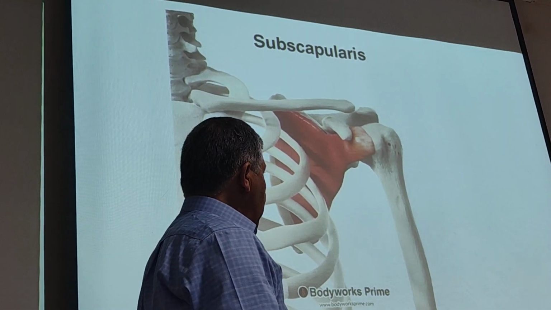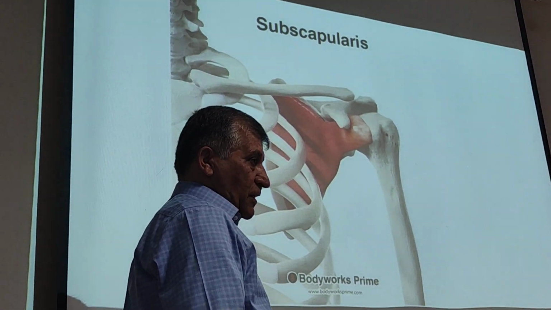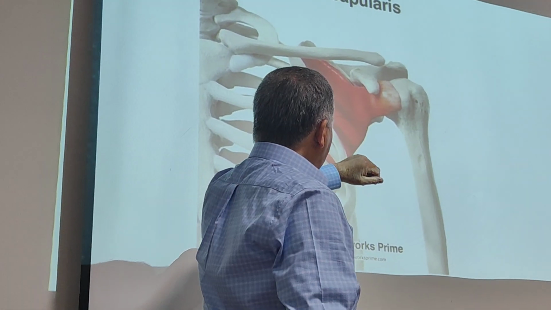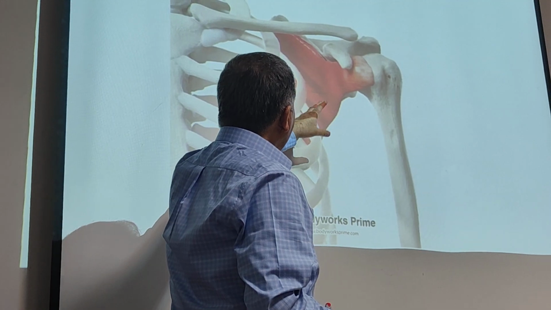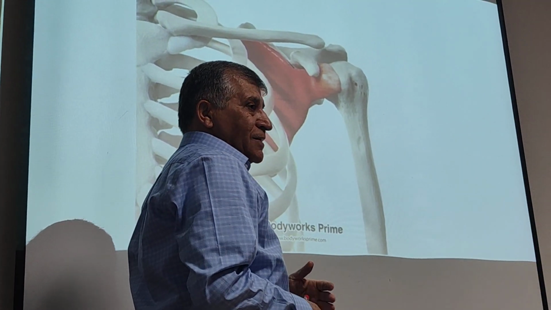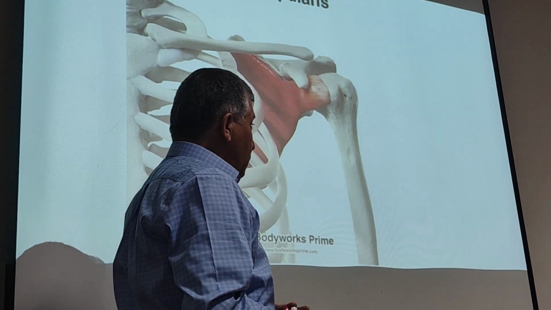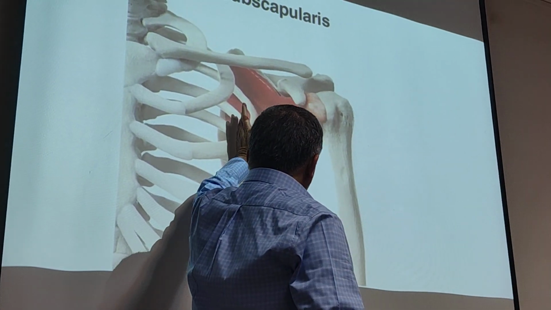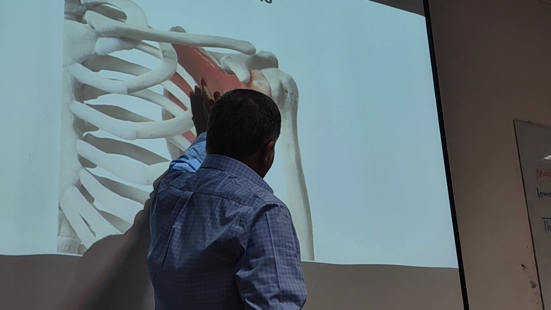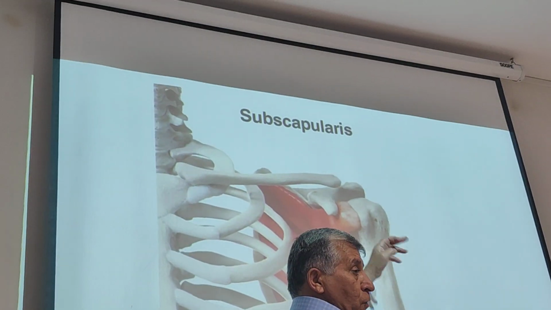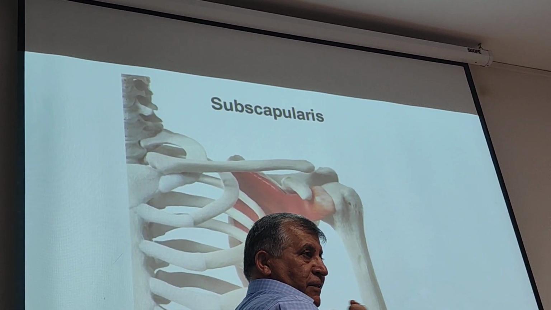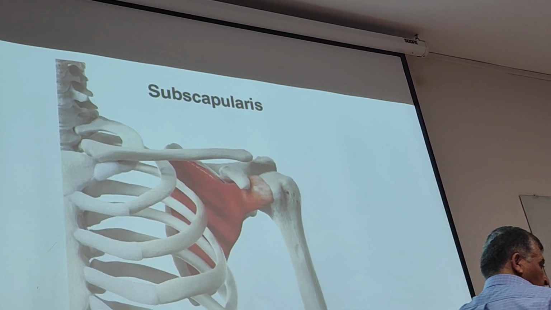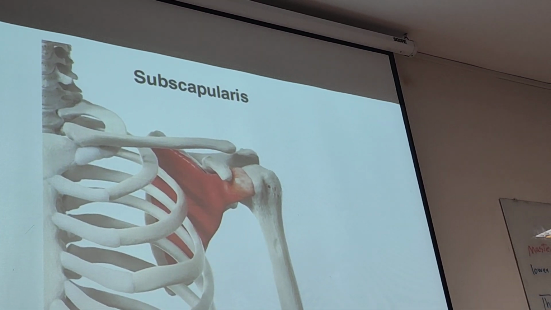And finally, we can see this muscle. This one is on the anterior scapula. This one is the subscapular muscle. The subscapular muscle originates from the subscapular fossa. The fibers of this muscle move laterally and insert to the lesser tubercle of the humerus.